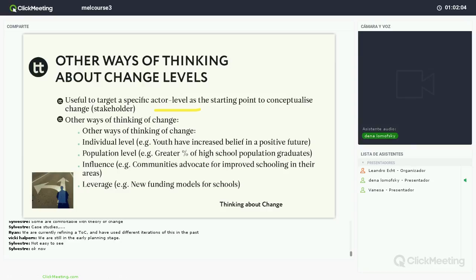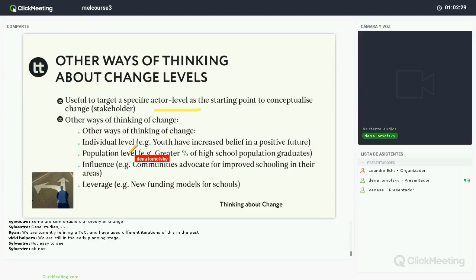What are the changes that I want to bring about with the media? Maybe you want to do media training on your particular issue so that they write about it in a more sophisticated way. You may want to think about what you want to achieve with bureaucrats. Maybe they need to have skills to engage with research. Thinking from specific actors is a really nice way, and that's what outcome mapping does, to conceptualize the specific changes that you want to bring about.